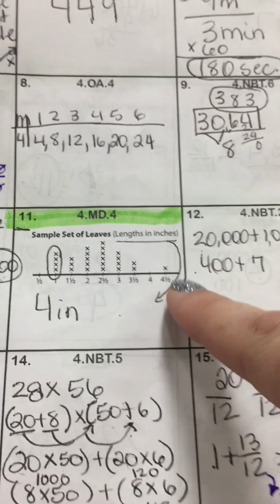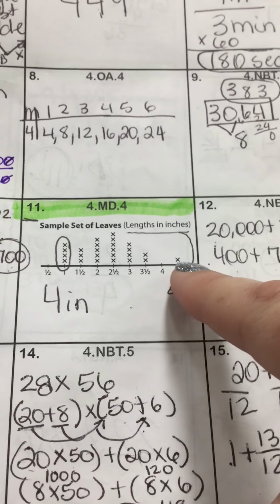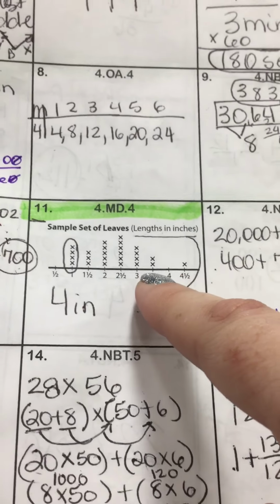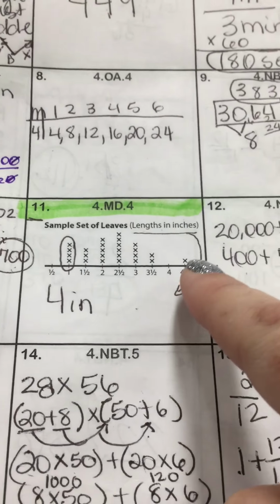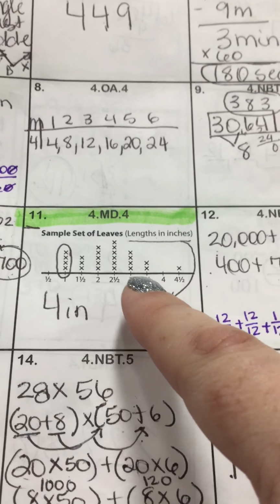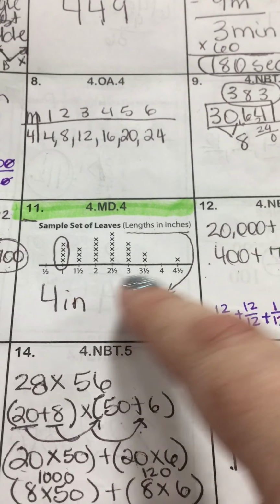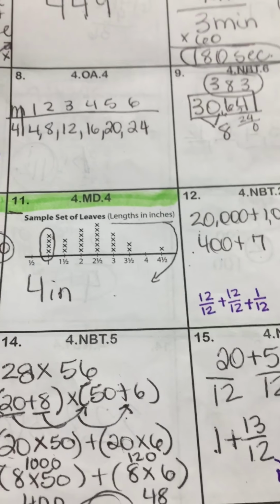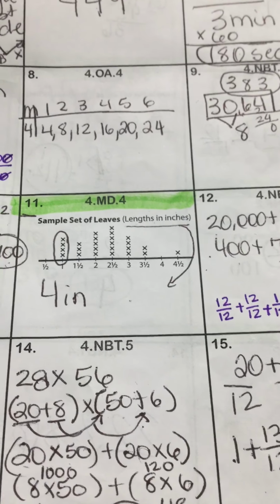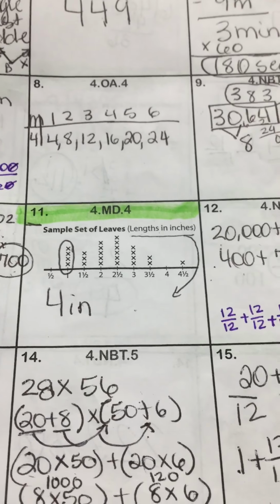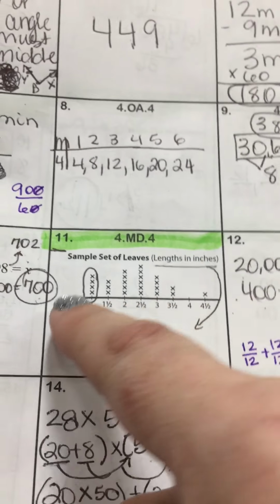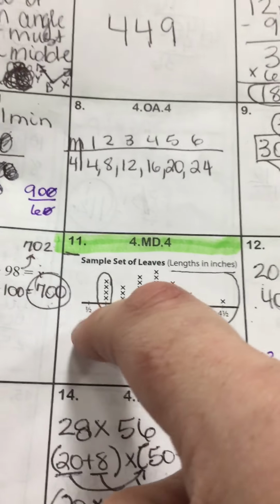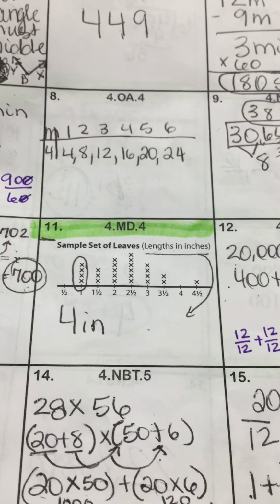What they were wanting to do is, since there's only 1 there and 2 there, add 4.5, 3.5, and then maybe one of this one right here, trying to add those small X columns together. That's not what you would do because those are not the smallest measurements. The smallest measurement is 1 that has leaves in it, and there are 4 of them there, so that would be 4 inches.